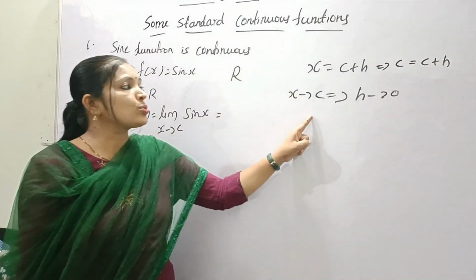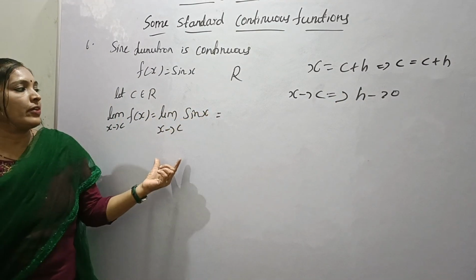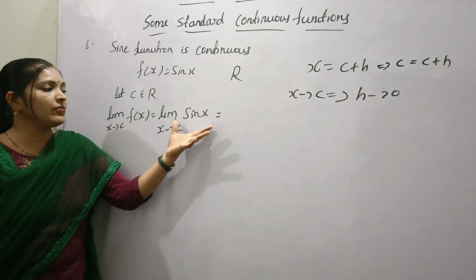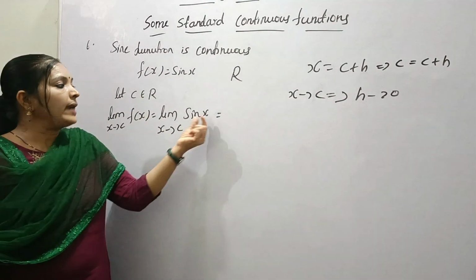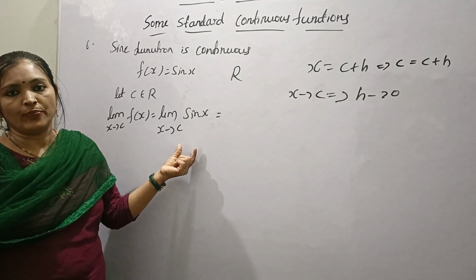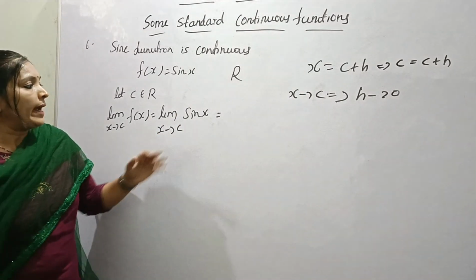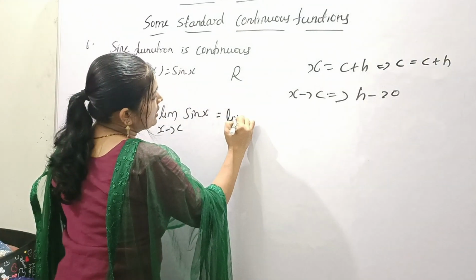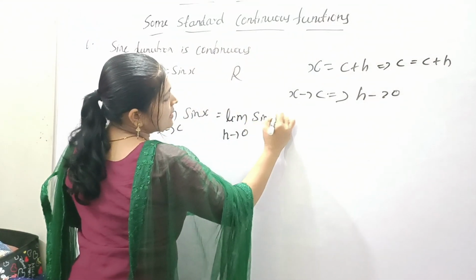Therefore, when x tends to c, h tends to 0. Why are we substituting this value? When we substitute directly, we cannot determine whether the function is continuous. So we substitute x is equal to c plus a small value, so that we will get limit h tends to 0 of sin of c plus h.